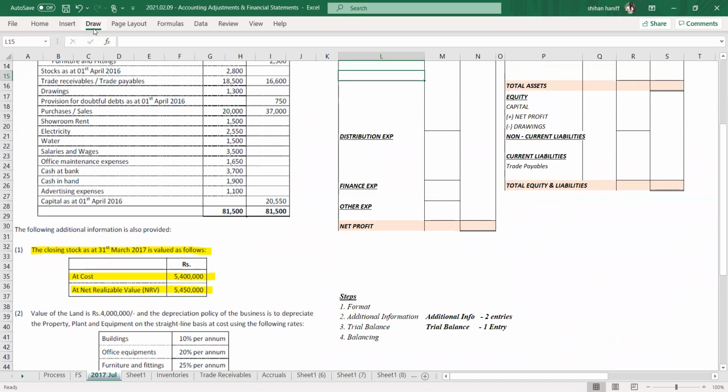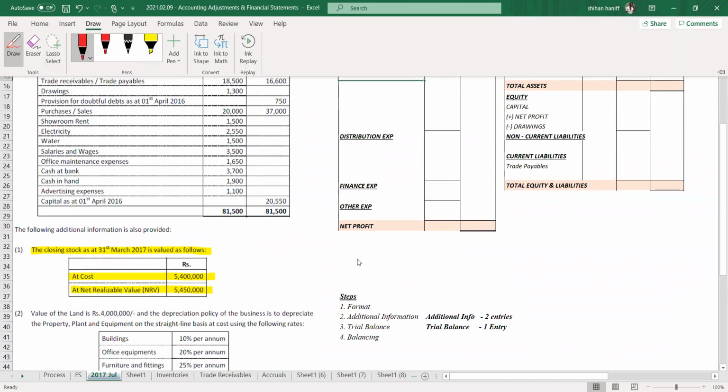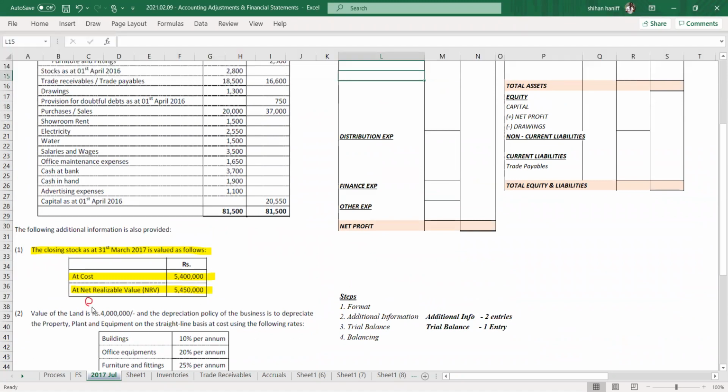So what is meant by net realizable value? Net realizable value means expected selling price. Later I will explain. We are planning to sell at 5,450,000. So it is higher than the cost.